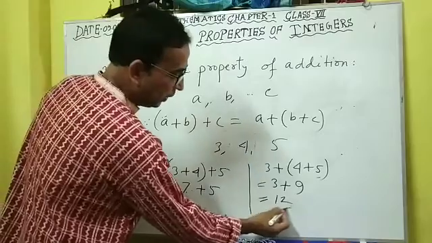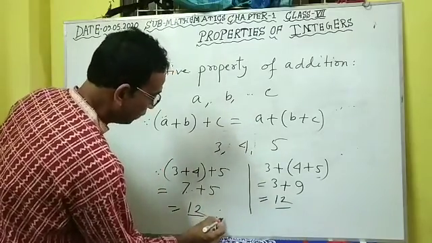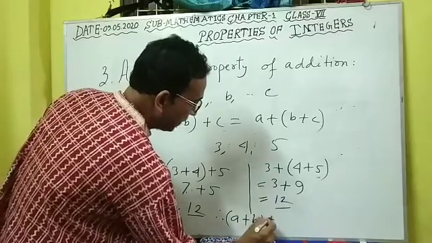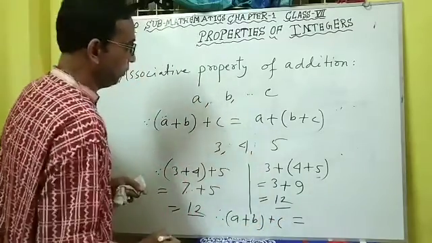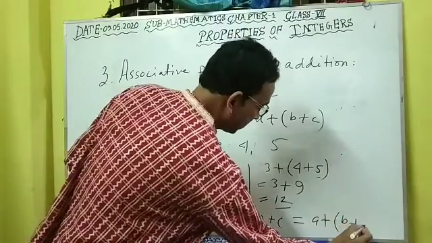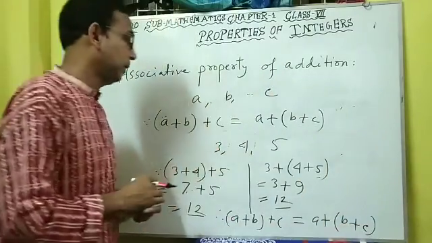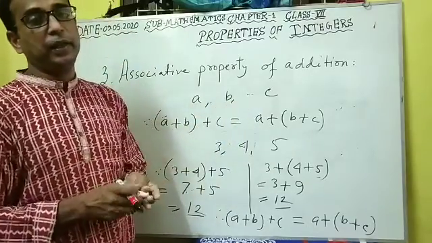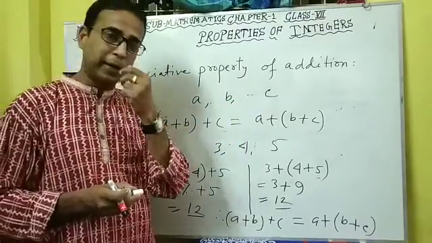This is equal to this. So (a + b) + c is equal to a + (b + c). Here associative property of addition is verified. Okay.